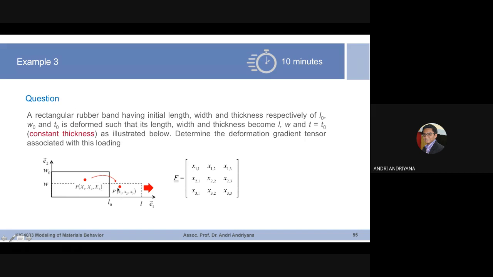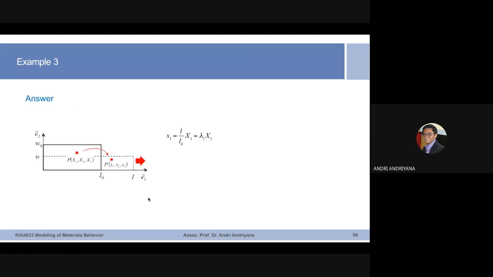Okay. While in the second one, I'll do the same thing. For instance, what is the second row? It means that I need to look at what is small x2 and differentiate it with respect to large X1. So this is how we do it. Okay. So I will show you how we can do it slowly here. If you observe how the geometry changes, this is x1. Okay.